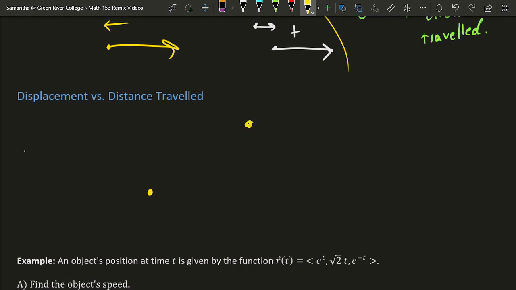So I want to emphasize this difference between displacement and distance traveled. Displacement does not care at all what was happening between point A and point B, between the initial time and the final time. Displacement only cares about the beginning and the end.